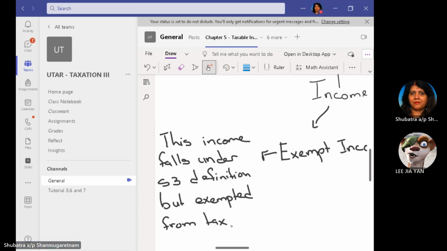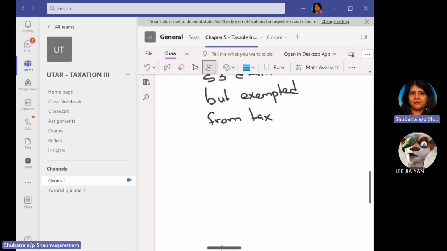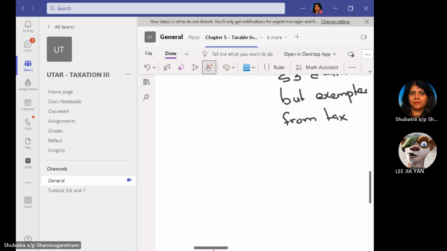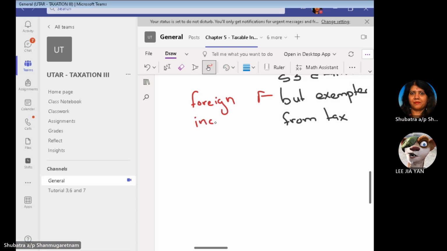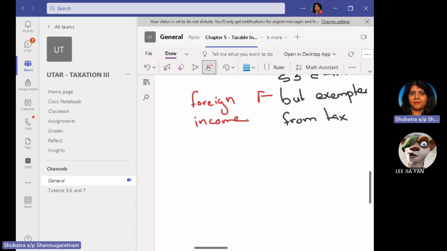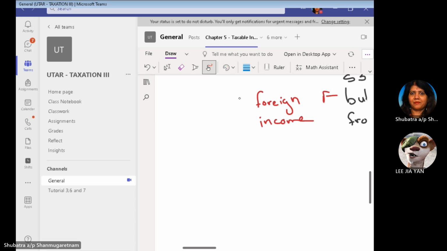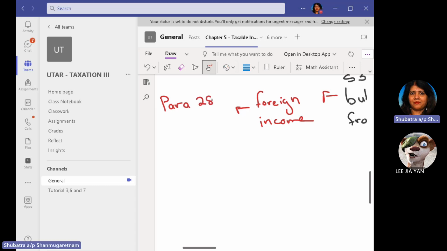Now, what do I mean when I said they are exempt from tax? The most famous one is your foreign income. I'm very, very sure that you guys in Tax 1 kept on going back to this.